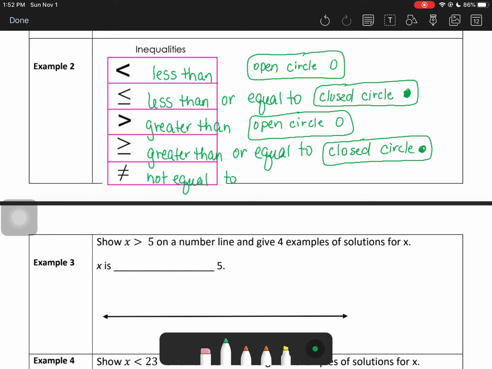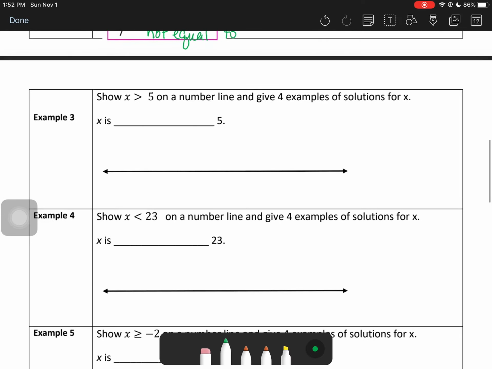Okay, so looking at our example, it says show on the number line and give 4 examples of a solution for x. First of all, this symbol means greater. So we're going to make a tick mark on our number line, and we're going to label it as 5, and then we're going to put a couple to the left, which are smaller, and a couple to the right, which are bigger.